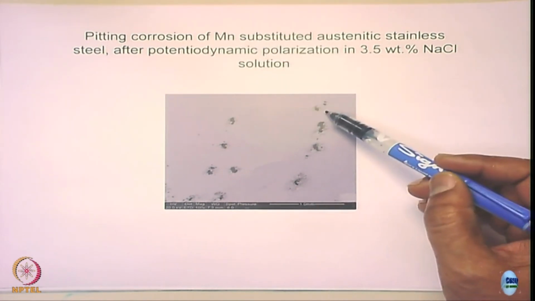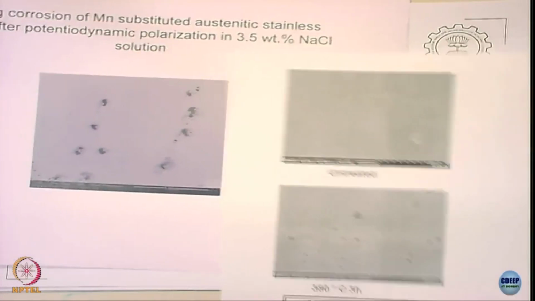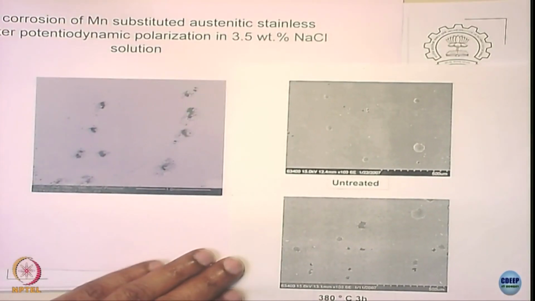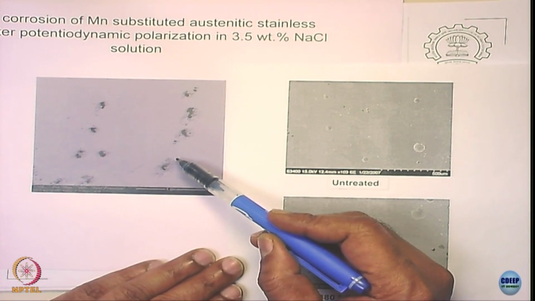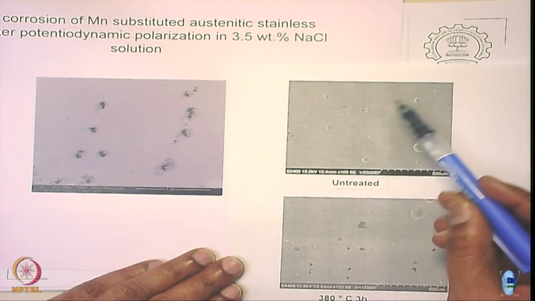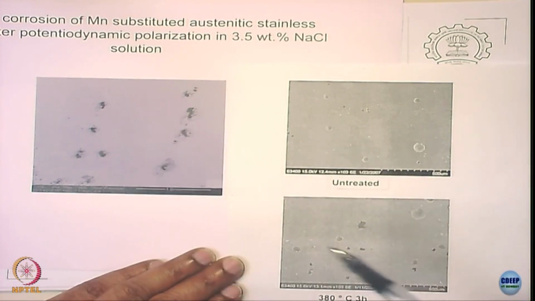You see here the pitting behavior is quite severe. Compare these two now. The left side corresponds to the manganese substituted one. The one with nickel is certainly far better compared with the one replaced by manganese actually.